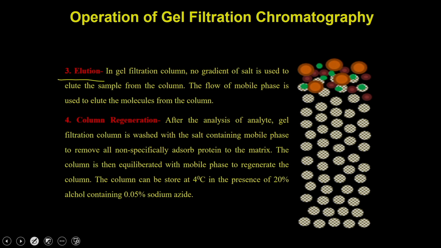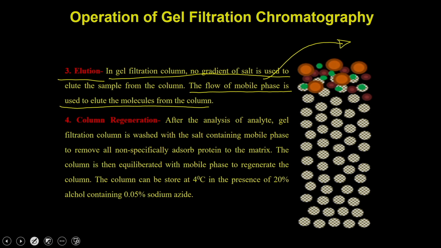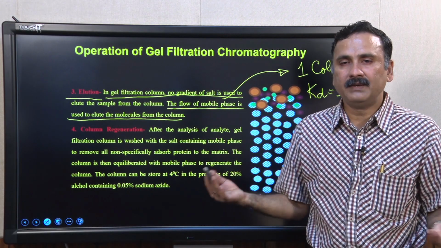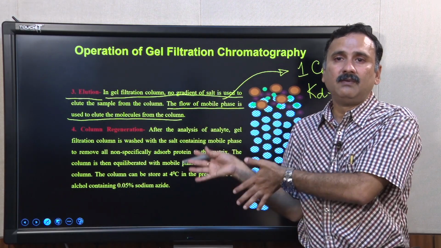Elution. There is no elution as such when you run the column, so there is no gradient of salt or something to elute the samples. If you flow the mobile phase, the molecules are going to be eluted from the column. The only thing you have to remember is that in the gel filtration column, everything is going to be eluted by one column volume, because the Kd is going to be 1 for most of these molecules, and any molecule which has a Kd of 1 is going to be eluted even in one column volume.